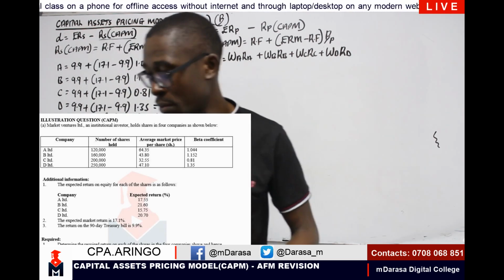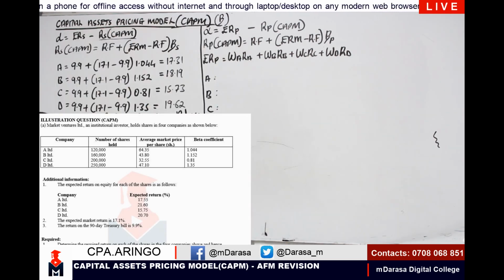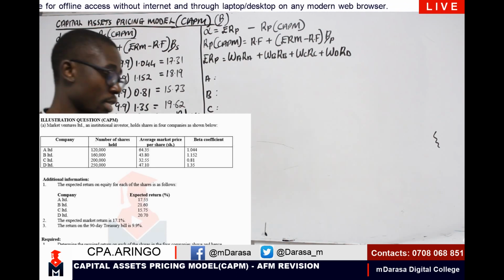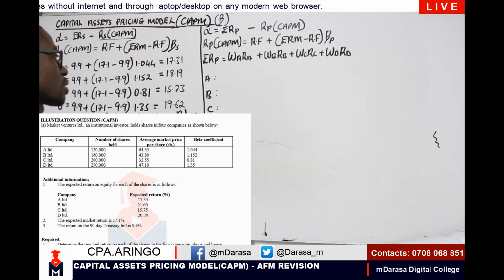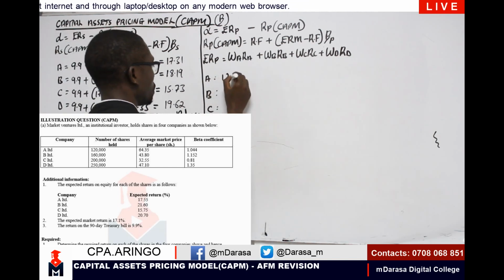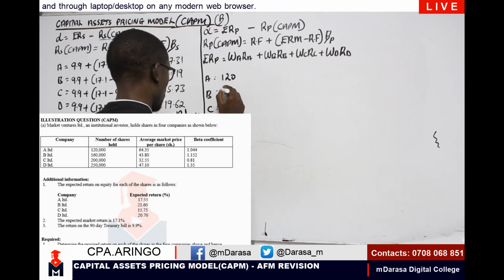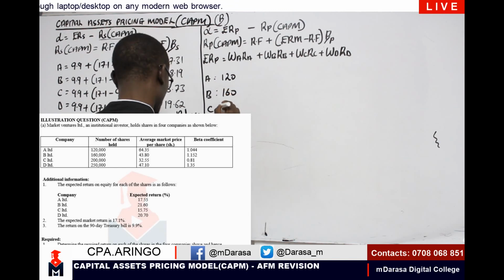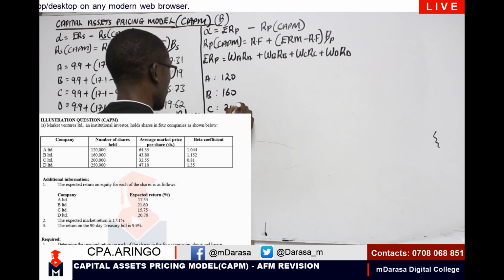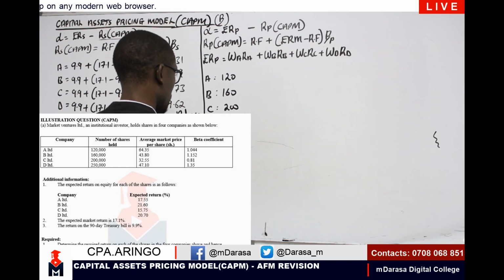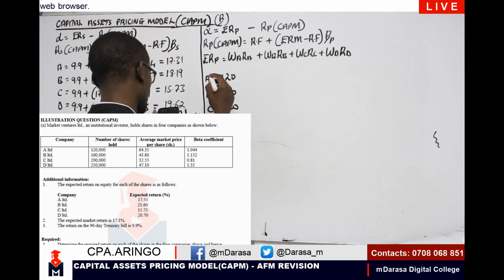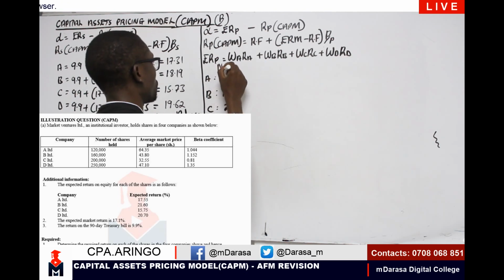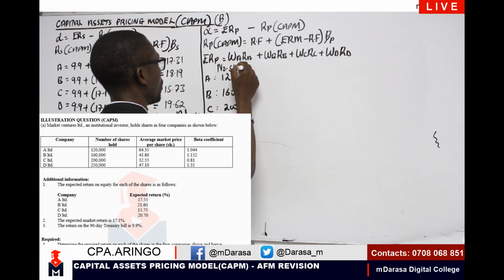And these shares, if you can check it out clearly, assuming we take our figures to be in thousands, I'm having 120, 160, 200, and 250, right? These are the number of shares given here.